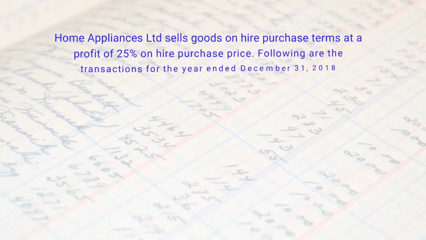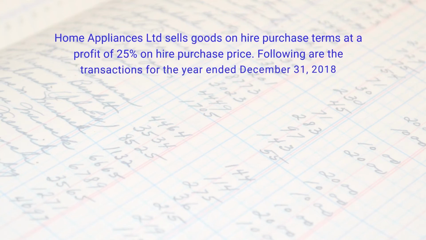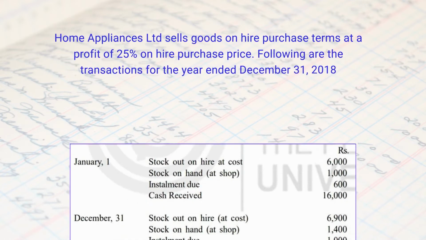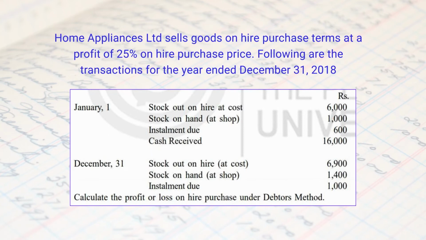The illustration is that Home Appliances Limited sell goods on hire purchase terms at a profit of 25% on hire purchase price. Following are the transactions for the year ended 31st December 2018. We have been provided with the information: stock out on hire at cost.